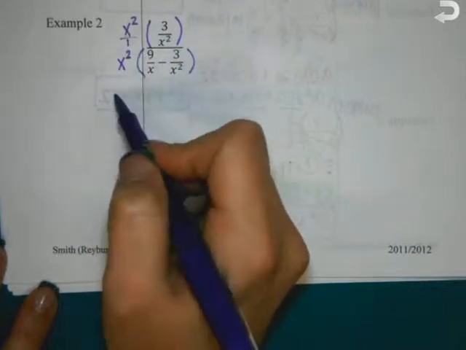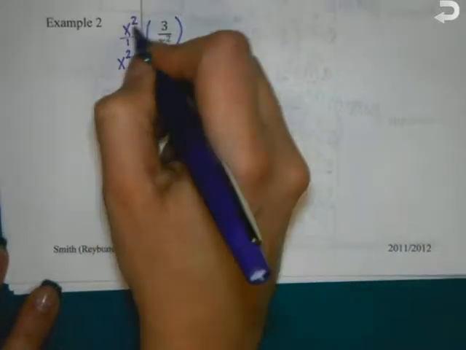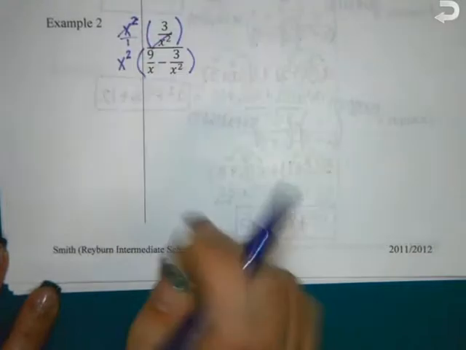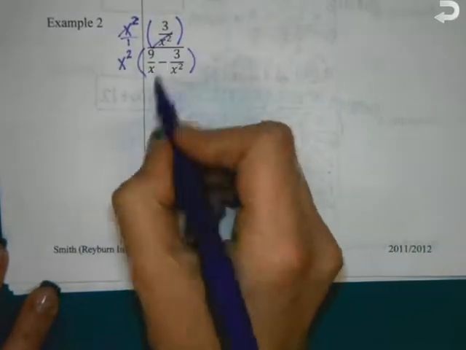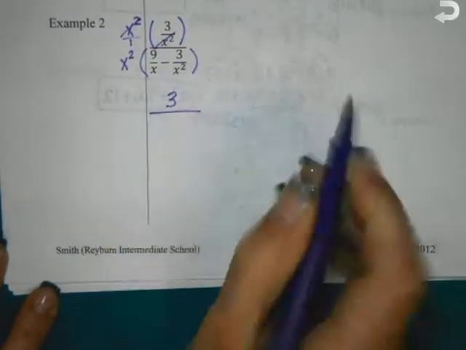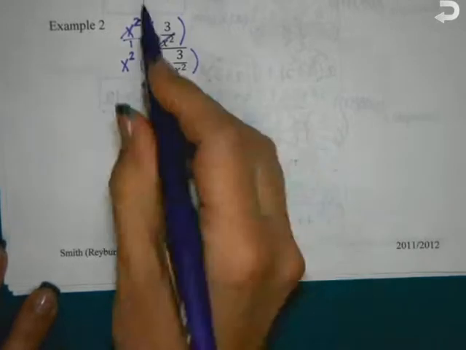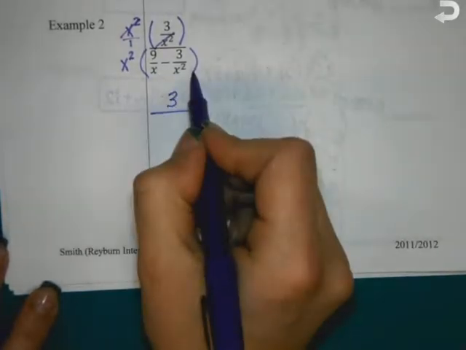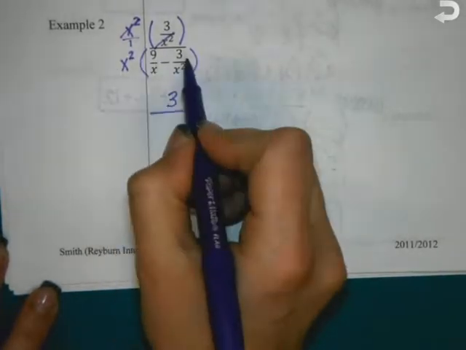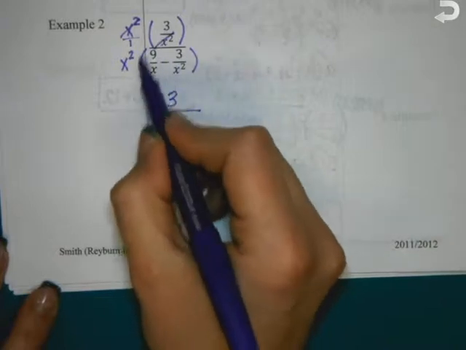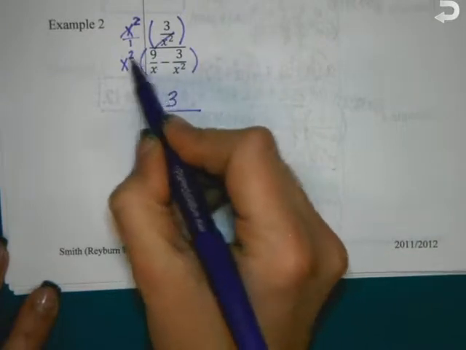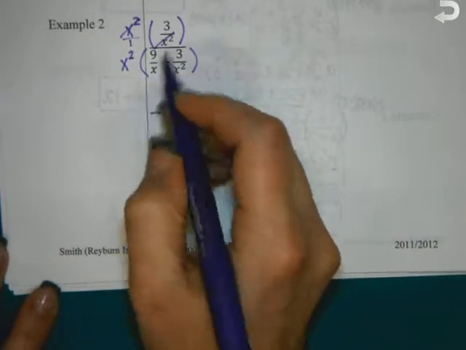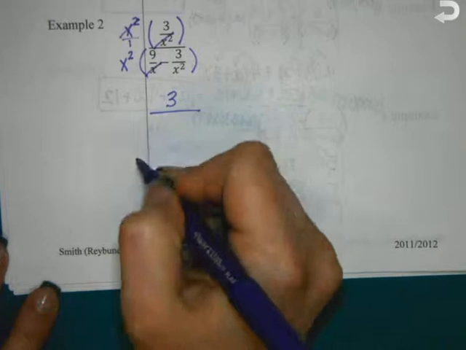Those cancel out. So what's in the numerator? Just a 3. We canceled out that fraction. What about this one? I need to distribute it, right? If I'm multiplying this first one by x squared, this x cancels with one of them, so what's left? 9x.